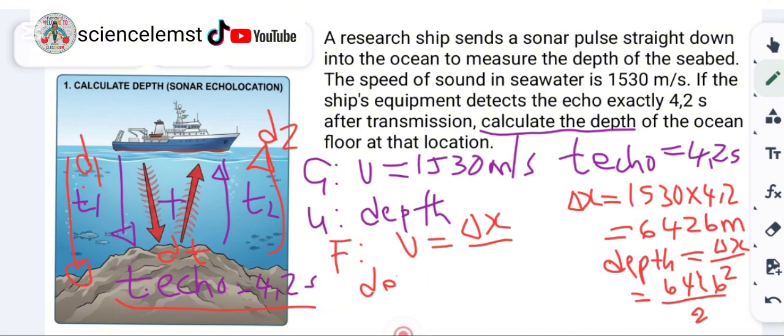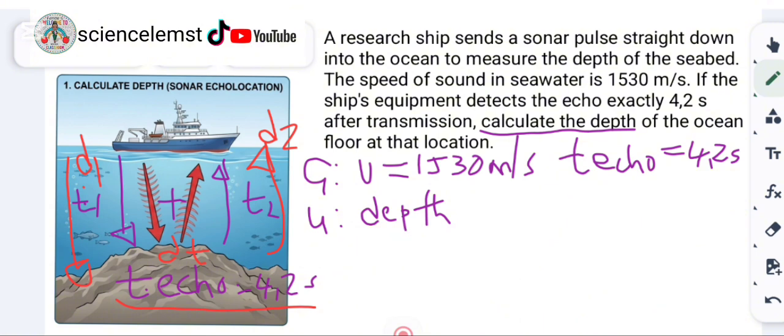Our depth is going to be 3,213 meters. So that's how deep the ocean is. But there's another way of doing this calculation. So that was the first method of how you can calculate the depth.